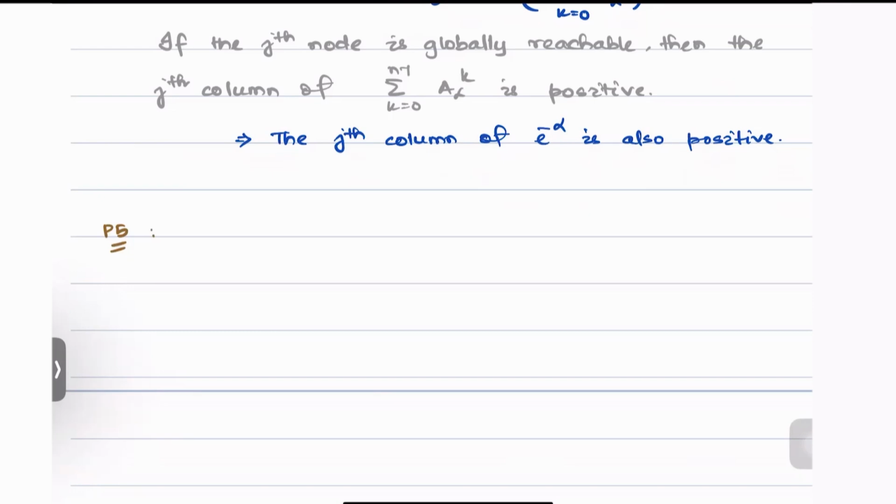The fifth property says e raised to the power minus L is positive if G is strongly connected. We will skip the proof of this as it follows quite directly from the proof of the fourth property.